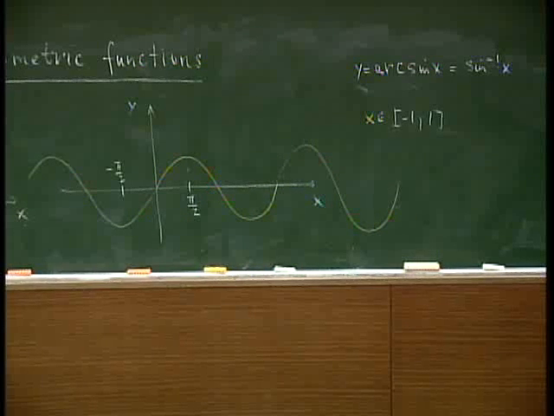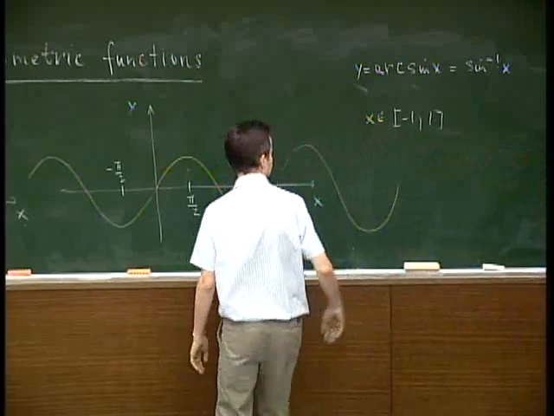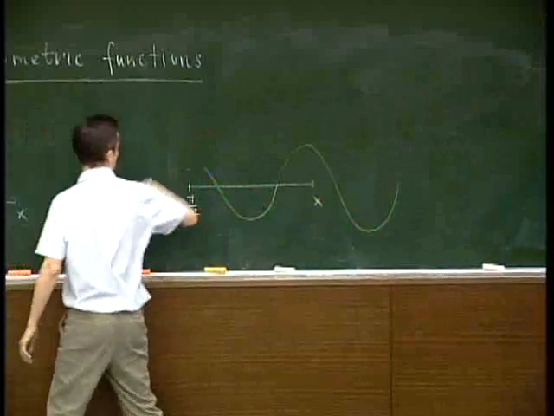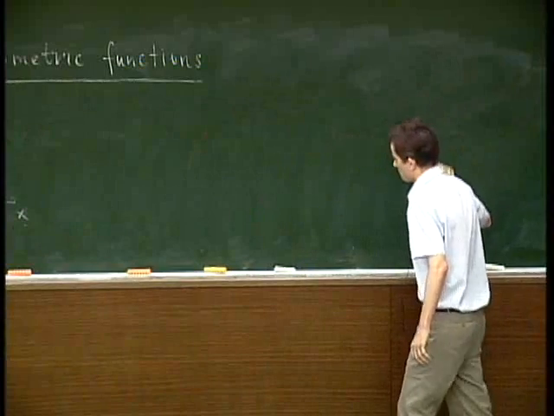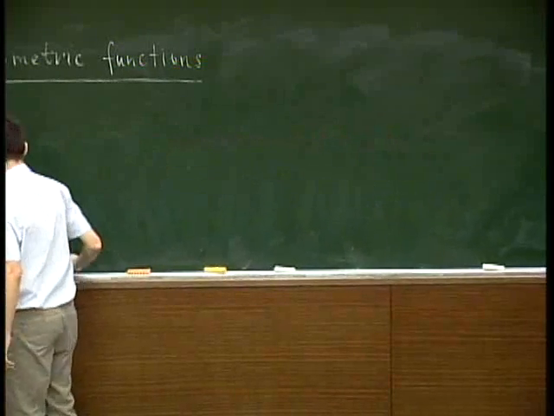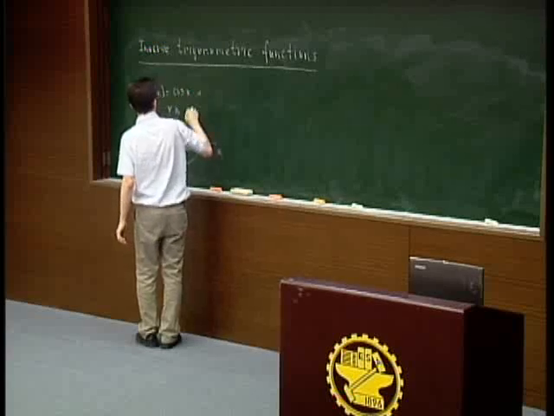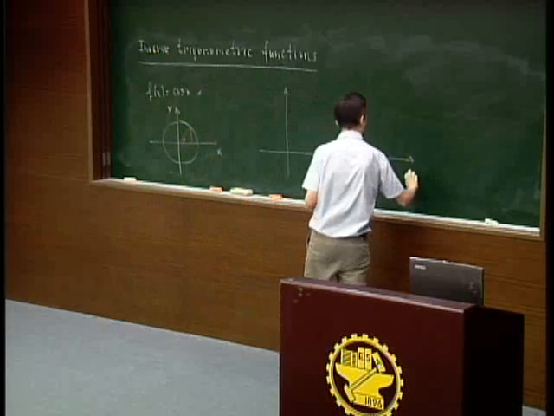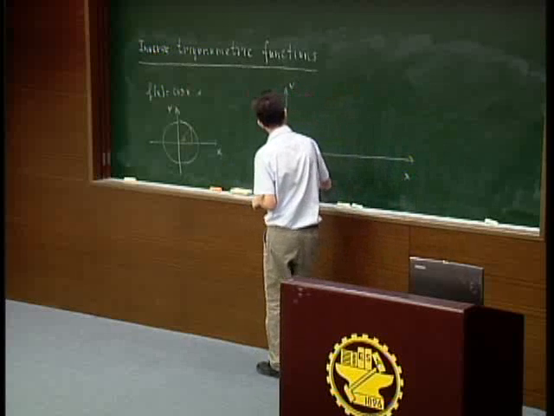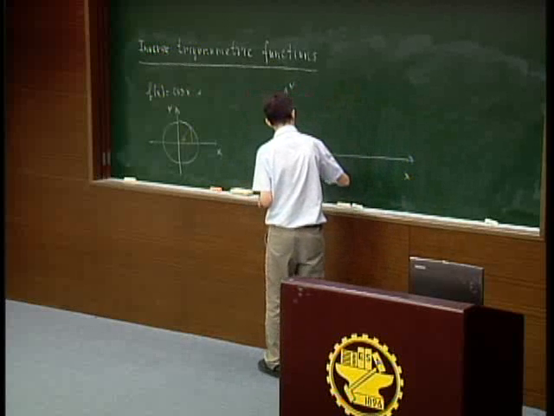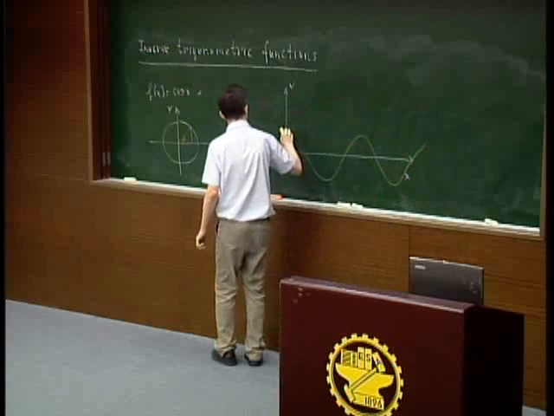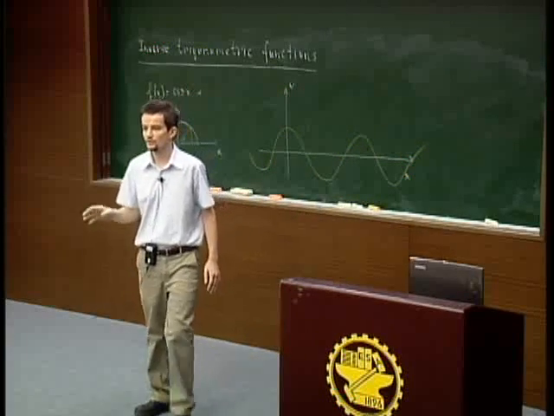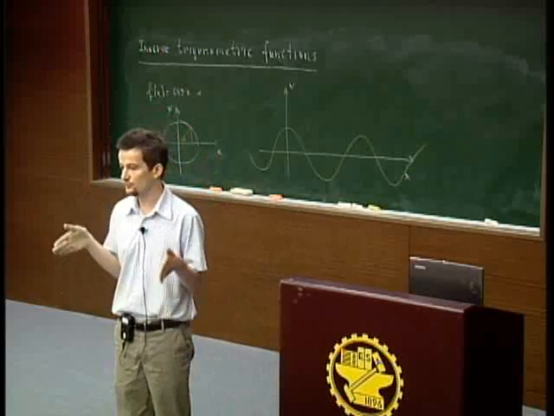And then you can do the same for the cosine. Again, the cosine is not a one-to-one function and does not have an inverse unless you restrict the domain.